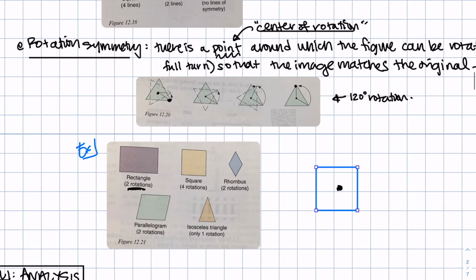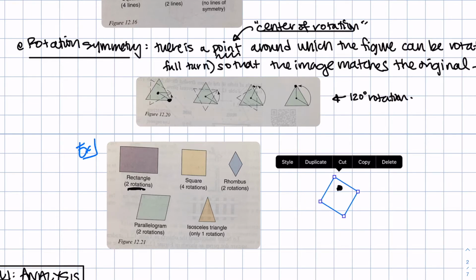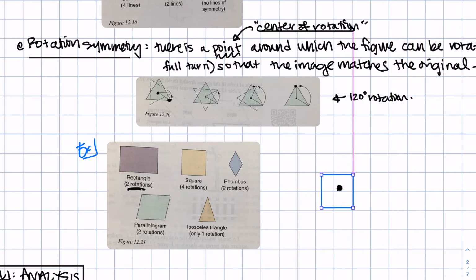Not drag it, but rotate it. One rotation gives me one line up, there's 2, 3, and then my 4th one brings me back to the beginning. So there are 4 rotations for the square, 2 for the rhombus, 2 for the parallelogram, but only 1 for an isosceles triangle.